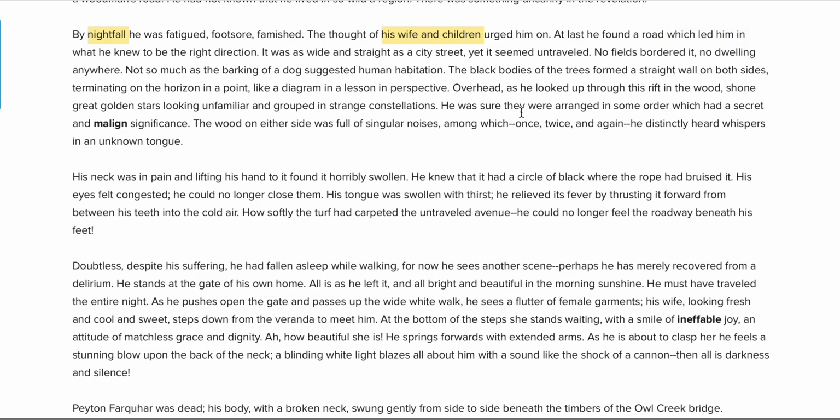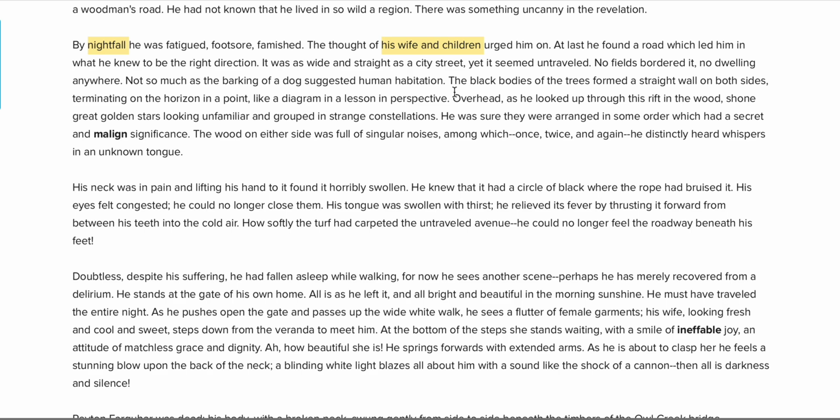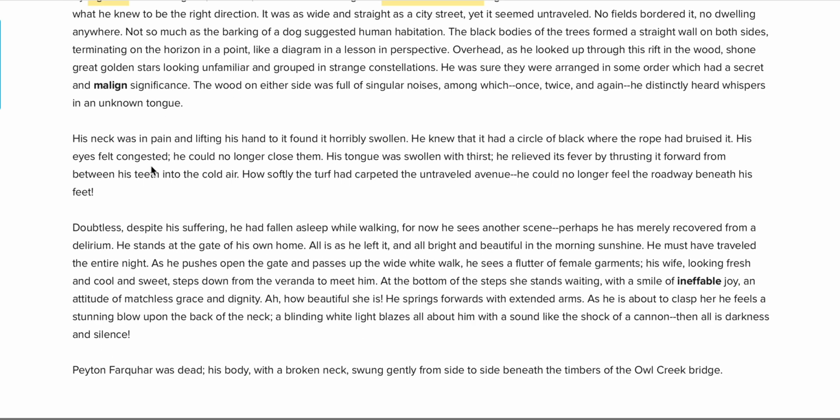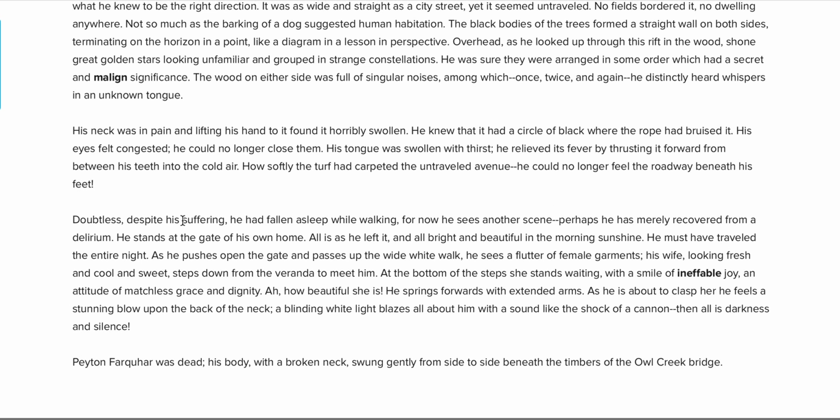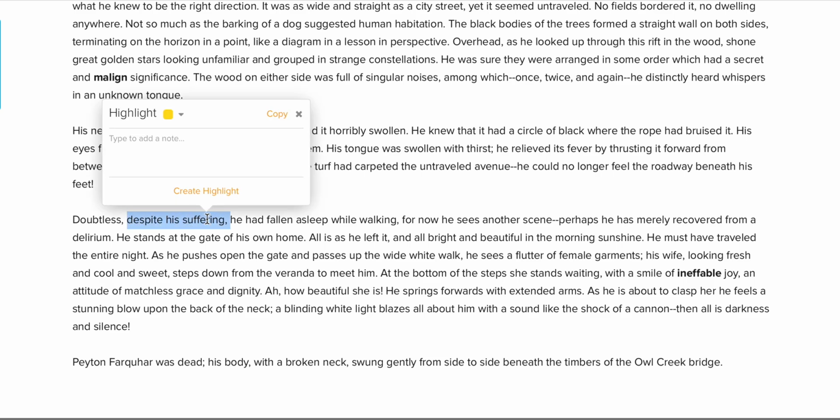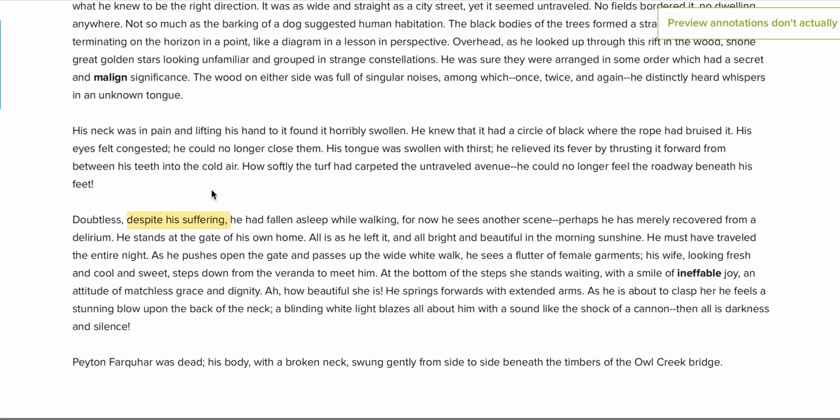And then we have another description here, the wood on either side, and then back to the pain, back to the description. And then despite his suffering, after all the description of the suffering that we have met here, he had fallen asleep while walking, for now he sees another scene.